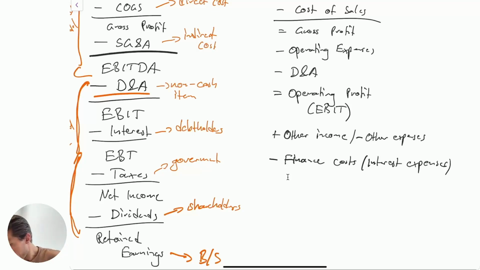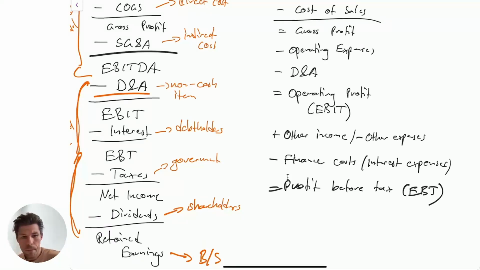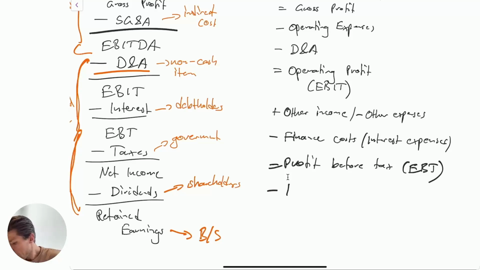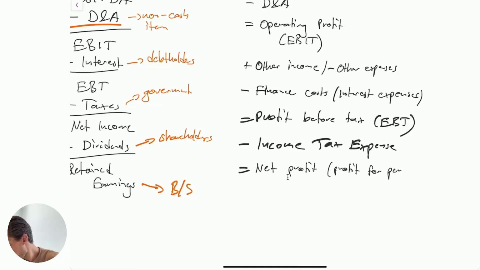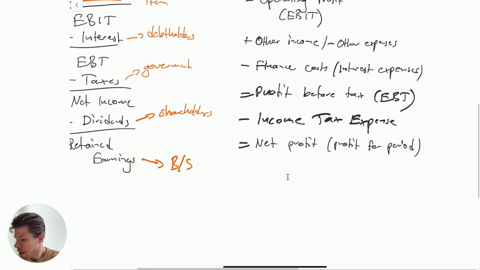And then we have profit before tax, EBT, quite similar, minus income tax expense, and then here we call it net profit or profit for the period, minus non-controlling interests.